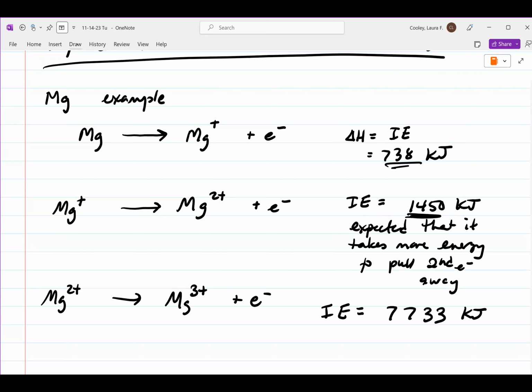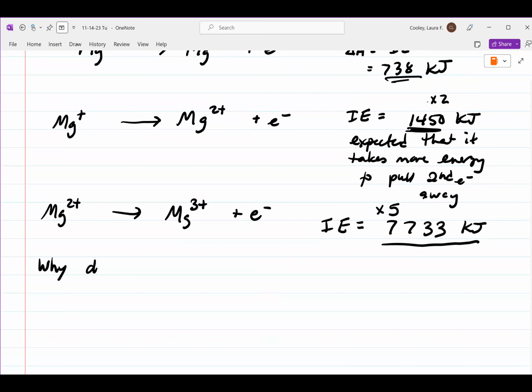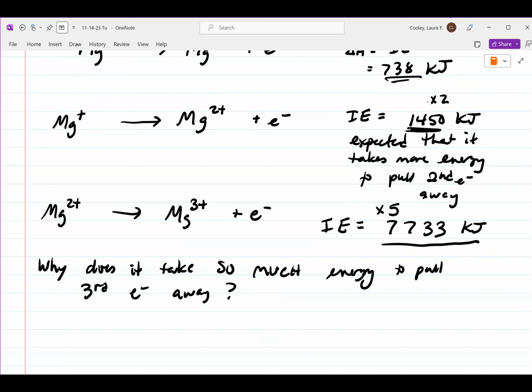So that's a doubling. Here, it multiplies by a factor of 5. So this is a huge jump in energy that's required to pull the third electron away. So here's the question: why does it take so much energy to pull the third electron away?